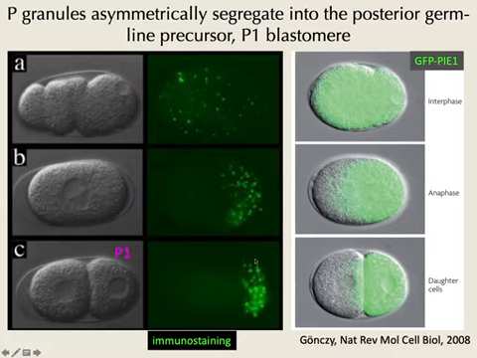So after that division, those P granules are present in P1, but not so much in AB. So now you have asymmetrical partitioning of a potential fate determinant. I haven't shown you anything about this, but that's one idea. It's true whether you do an immunostaining for some components or you look at this GFP-PGL-1, which is one of the markers. So in live embryos, you can see it segregate.